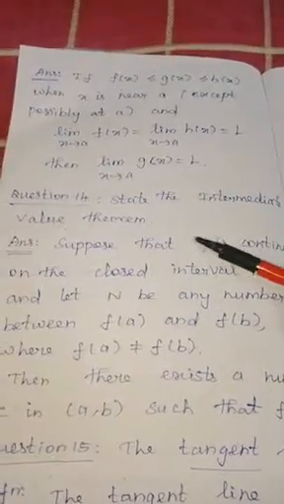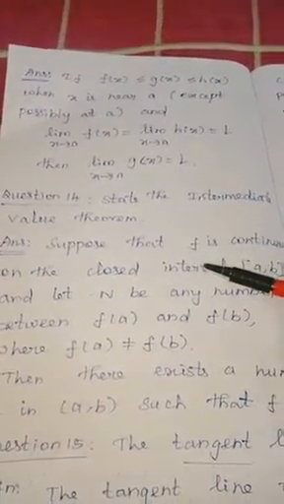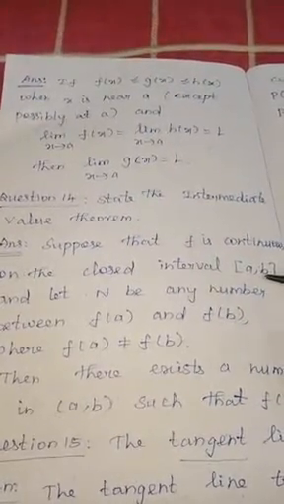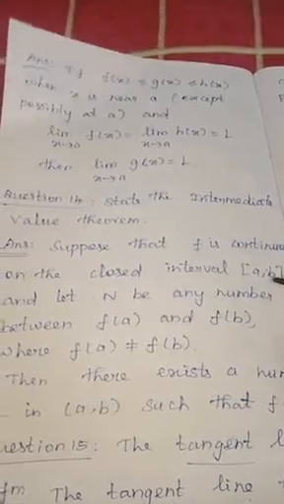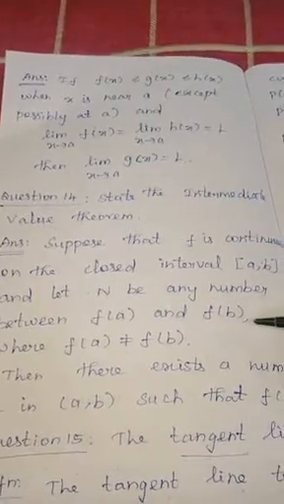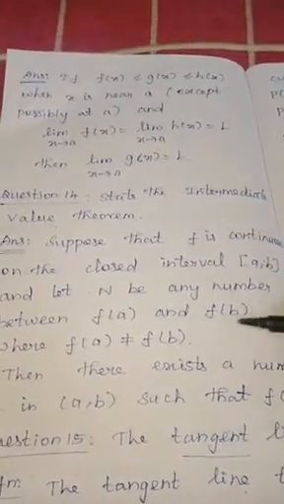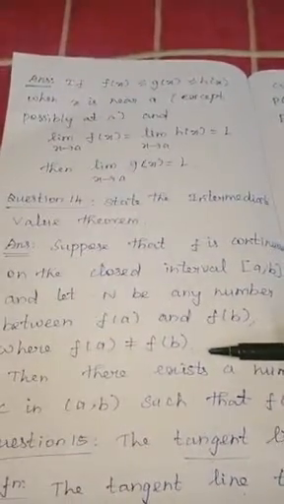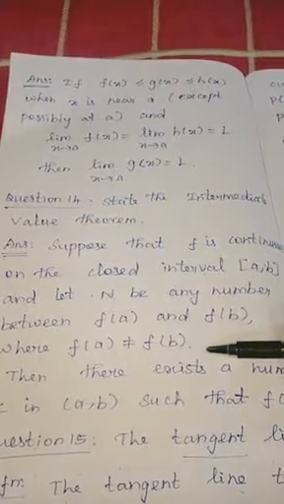Intermediate value theorem statement என்னன்னா suppose that f வந்து continuous function on the closed interval a comma b. f is continuous on closed interval a comma b இருந்ததுன்னா and let n be any number between f of a and f of b. f of a க்கு f of b க்கு இடையில உள்ள நம்பரா n இருந்தா where f of a not equal to f of b ரெண்டுமே not equal இருக்கணும்.